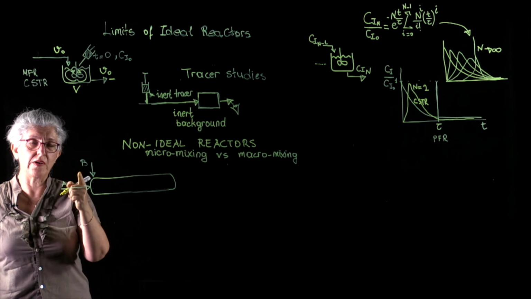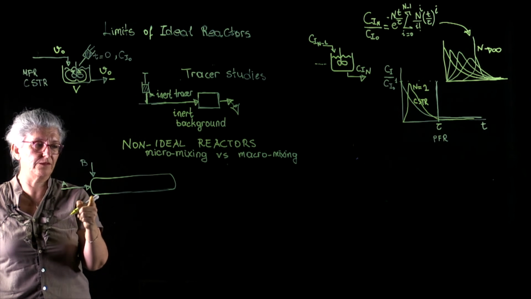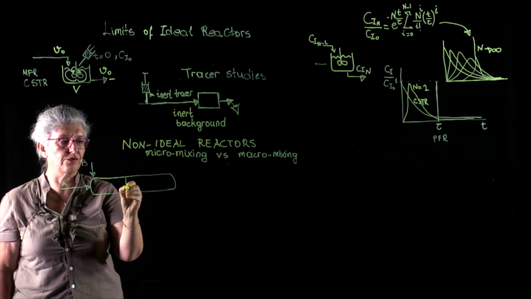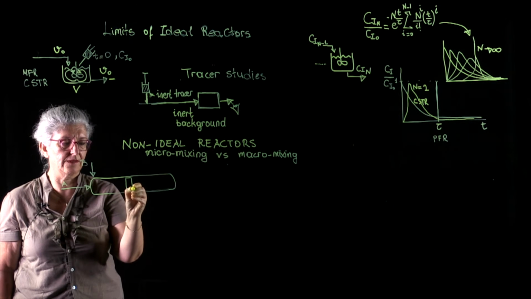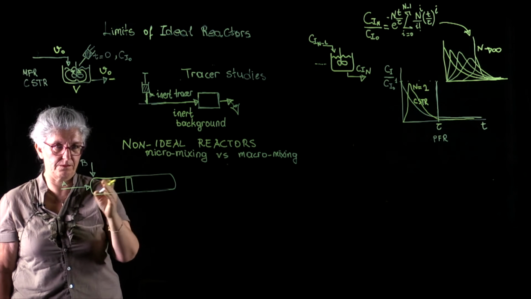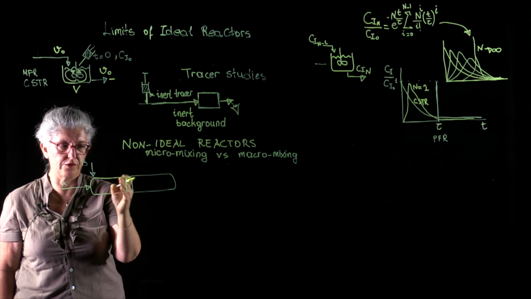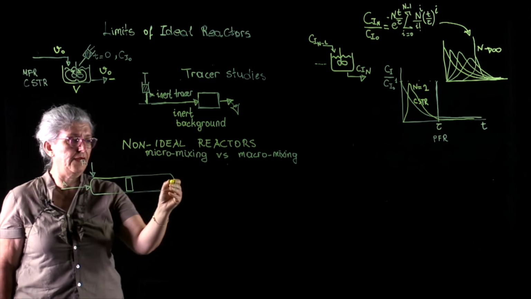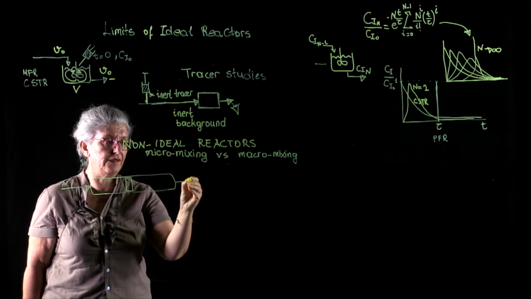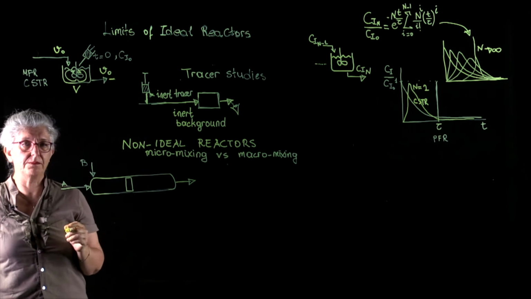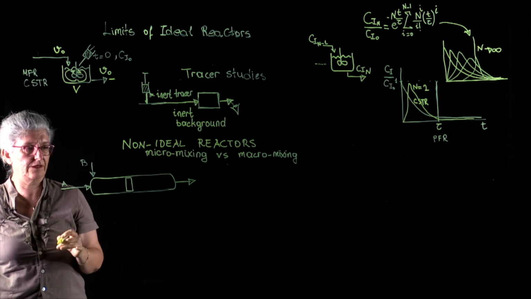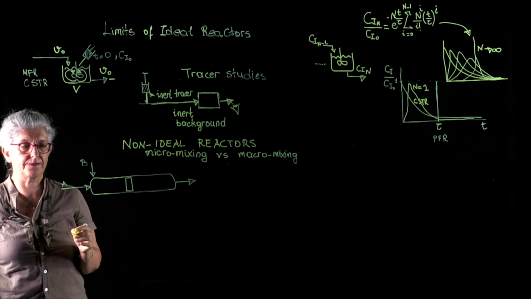This will be an early mixed fluid package which is going to traverse through the reactor without being mixed with the fluid element neither before nor after it. And it will leave the reactor as a perfect plug flow reactor configuration.